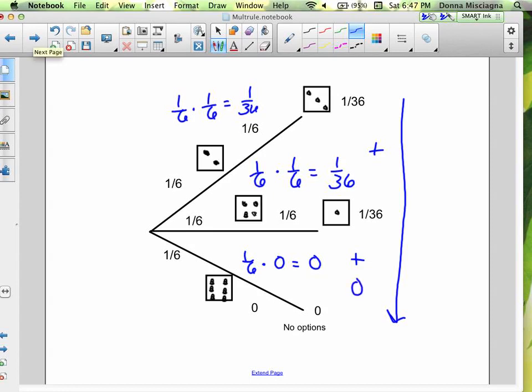Right? So if we add those together, we get 1/36 plus 1/36, which is 2/36, which is equal to 1/18. Right? That's the probability of rolling a sum of 5, given that we've already rolled an even number.